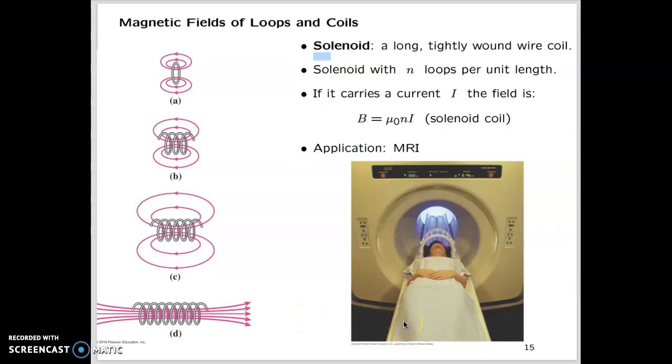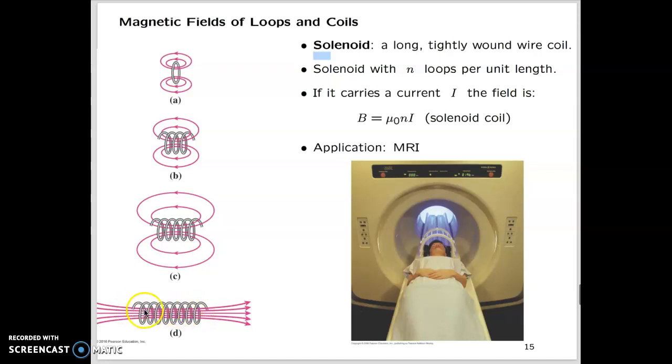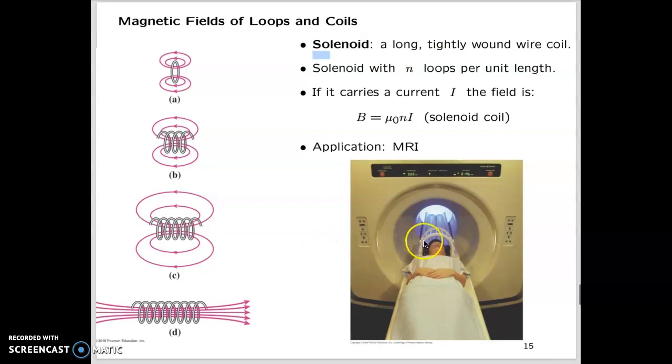So the patient is laying down and will be put inside this tube. The tube is literally the inside space around which you have many thousands, hundreds of thousands of turns of a wire which carries a current and therefore creates a really big magnetic field in this space.